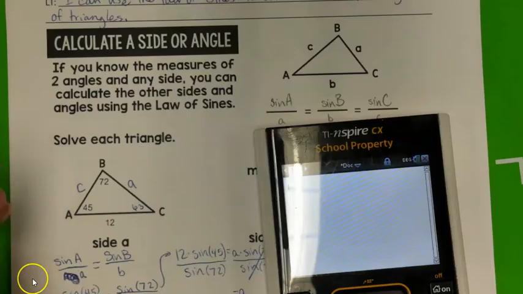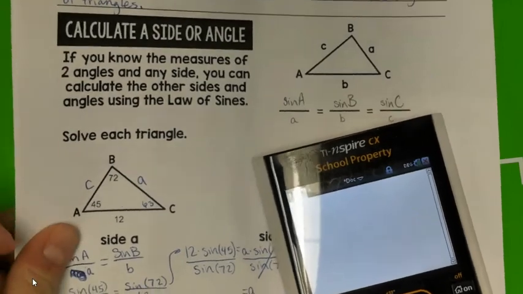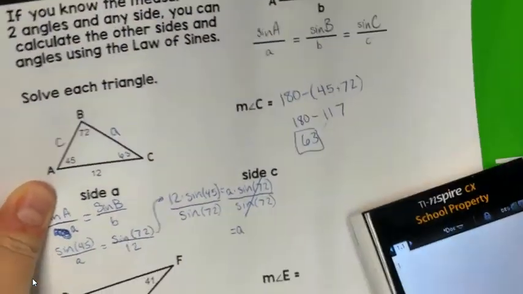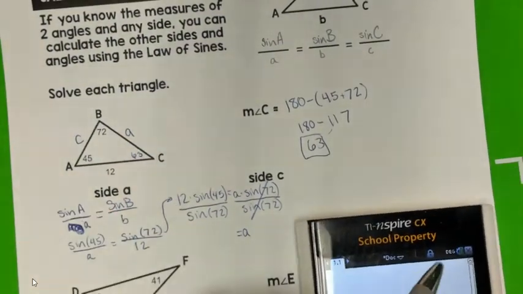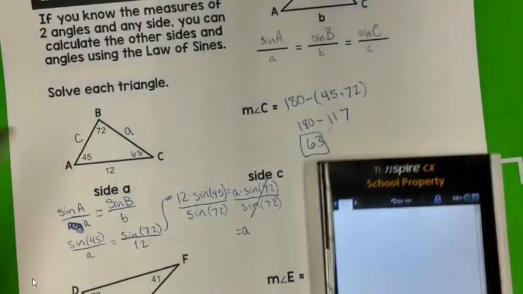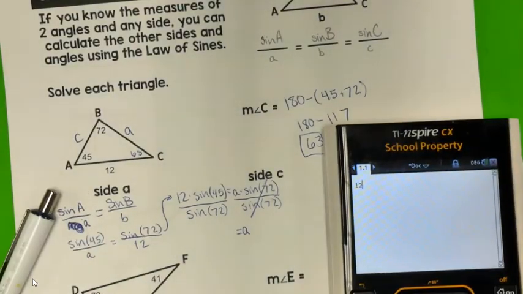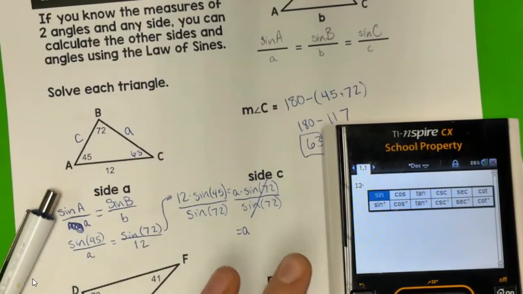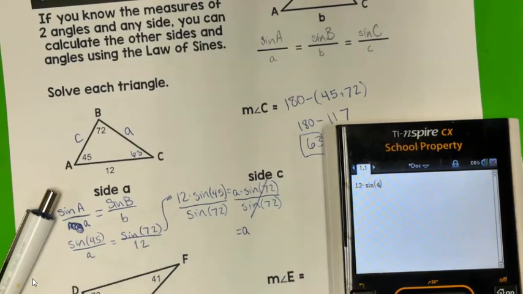So let me grab my calculator. So here is my calculator. I need to put this in it and make sure it's on degree. If it says radians up there, switch it to degree. So I've got 12 times, click trig, sine 45.